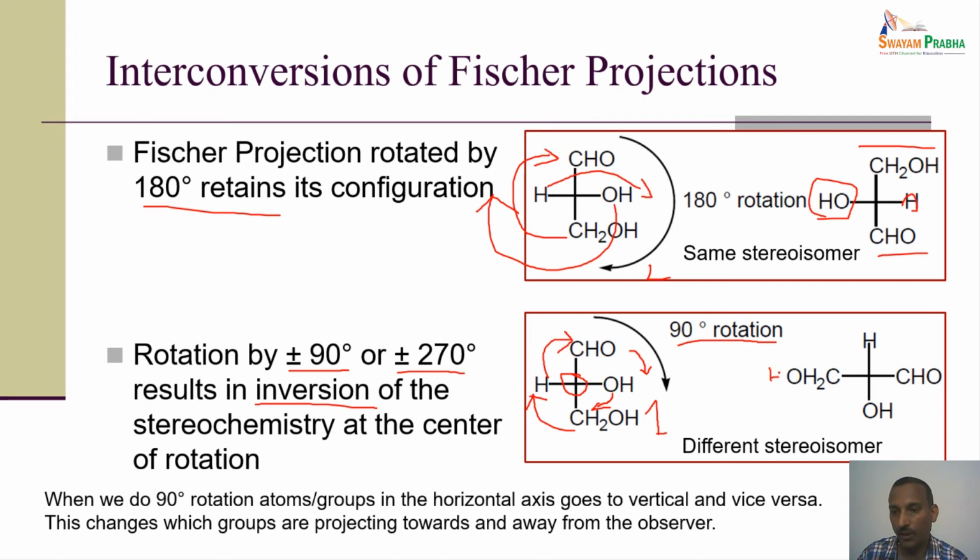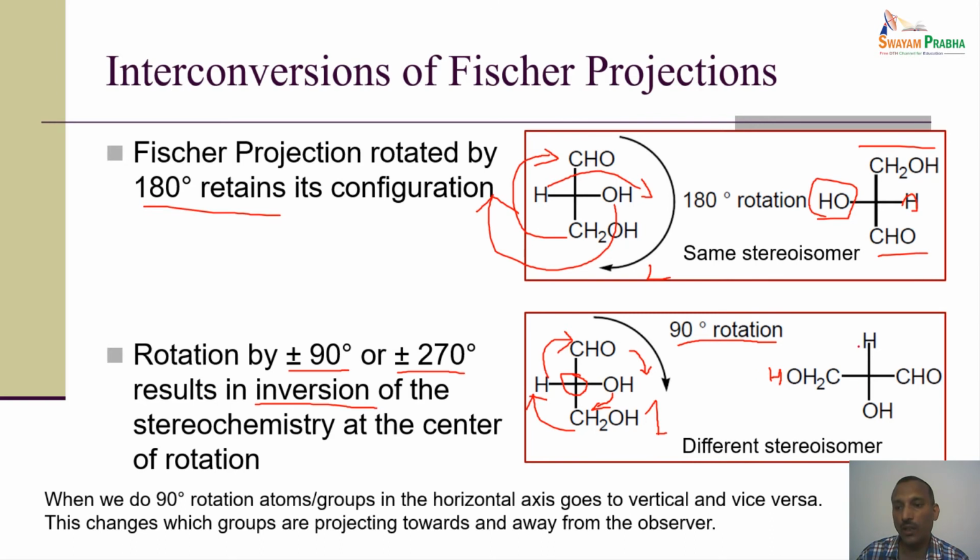Here the H is missing, so I just wrote the H here. So it is basically the CH2OH group here. In this particular case, the 90-degree rotation gives a different stereoisomer. Why do we say this is a different stereoisomer?